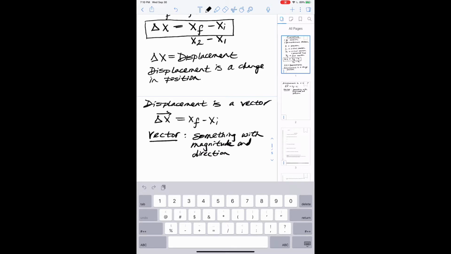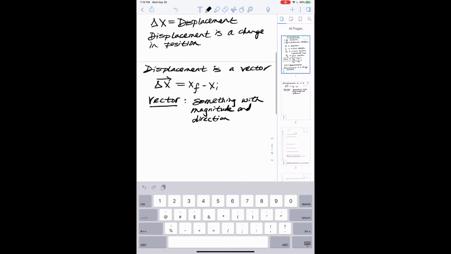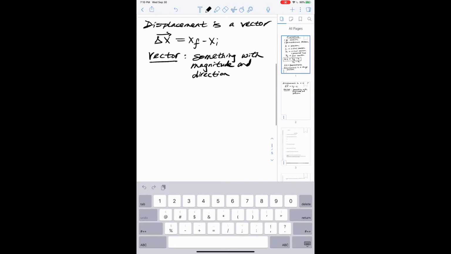So how do we know this, right? Well, I guess maybe an example would help. First of all, we know it has direction because of the sign.